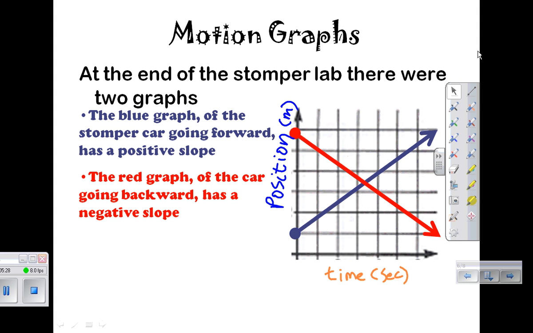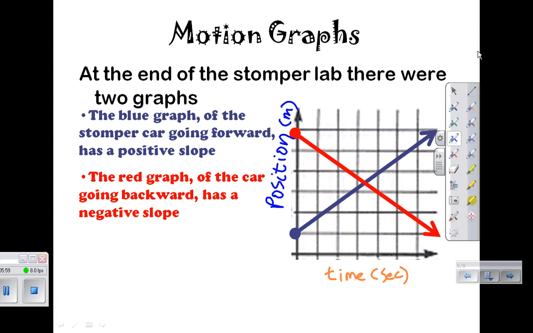This red graph that's sloping downwards, or a negative slope, is the graph of the car going backwards. If the car had started way far away and came back towards our 0 meters point, our reference point, so let me put it like this.